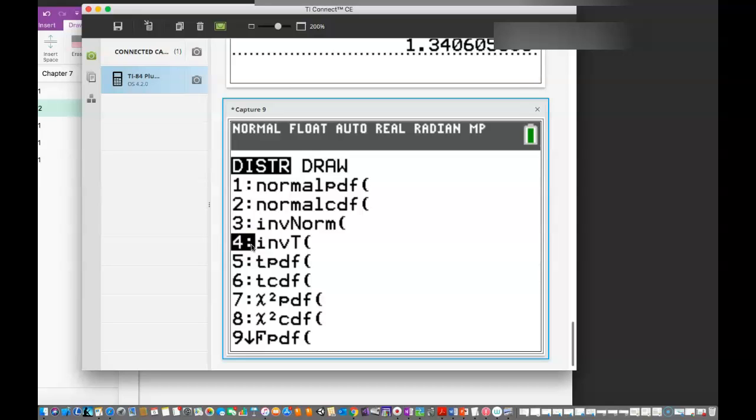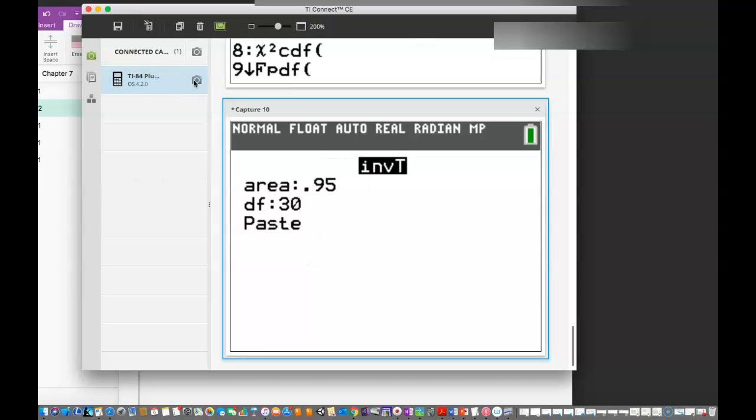Now we have 0.95, and the degree of freedom is 30. Okay, this is what I have. Then enter.